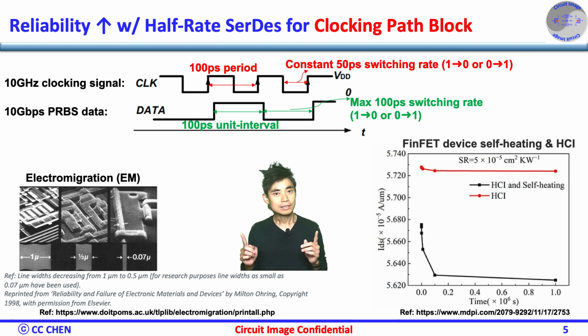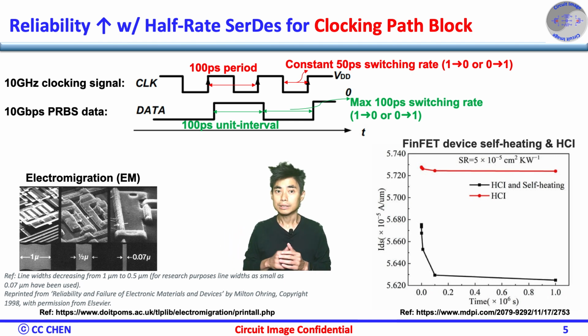To extend the clocking block's lifetime, the CV²f current of the half-rate clocking is almost half, and its self-heating issue is much less than the full-rate clock. In addition, the electromigration (EM) requirement at the half rate is less than the full rate.